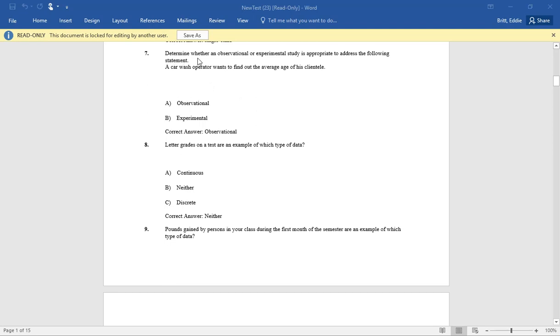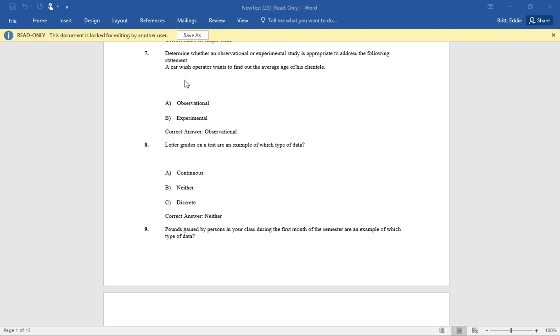All right, number 7, determine whether an observational or experimental study is appropriate to address the following statement. A car wash operator wants to find out the average age of his clientele. All right, so in order to do that, the car wash operator is going to have to observe whoever's going through the car wash, right?